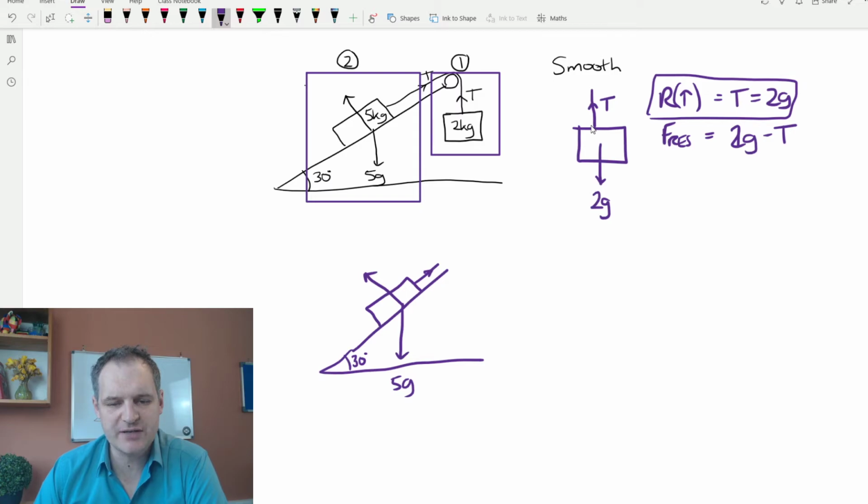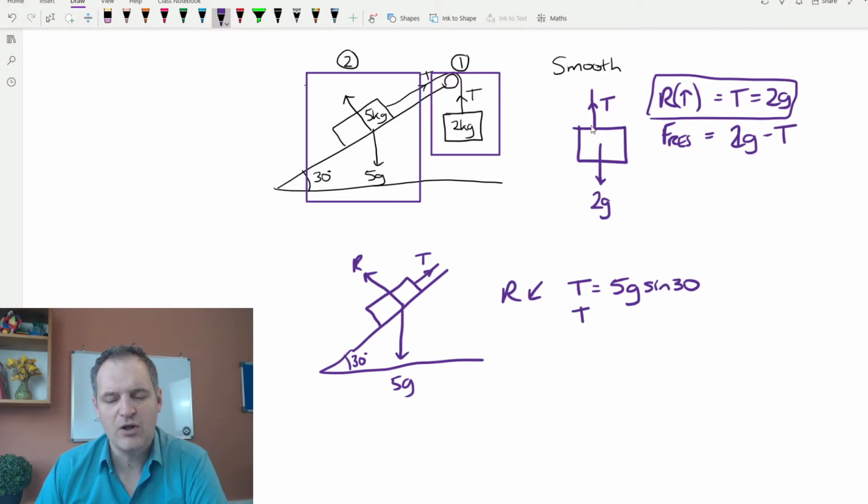And we're treating this like it's been prevented from moving. So when we resolve down here, we know that T is the thing going up the track, and that must equal anything going down, which we talked about before, being 5g sin 30.